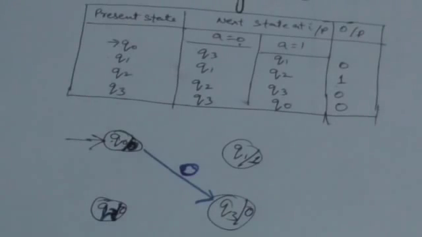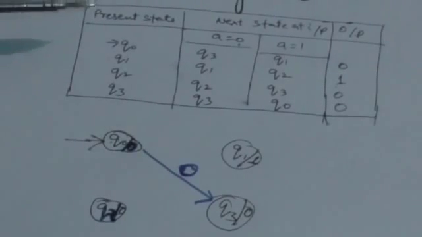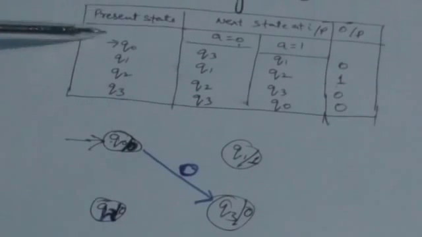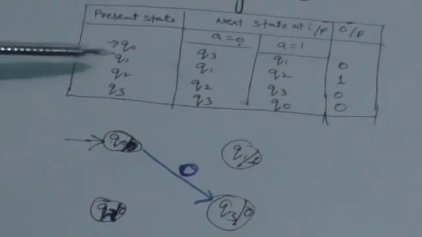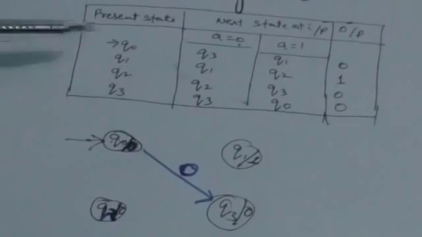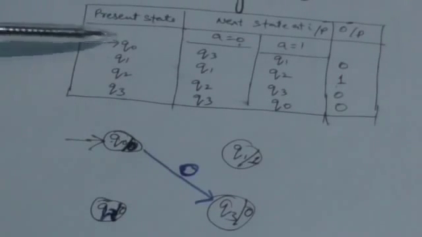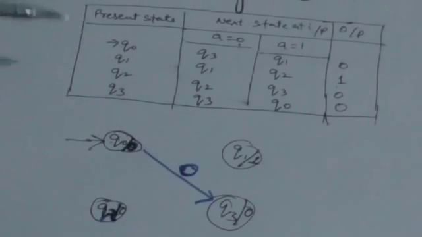Now we can represent this Moore machine graphically also. When we represent it by a graph, then states are represented by the nodes of that graph and transitions are represented by arrows. Now here we have 4 states in this Moore machine.